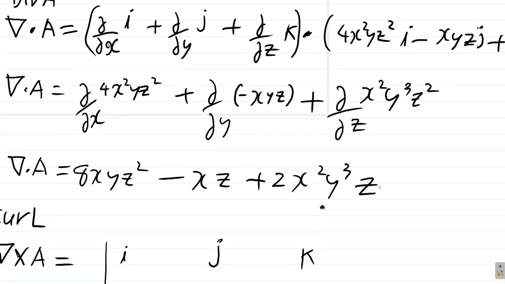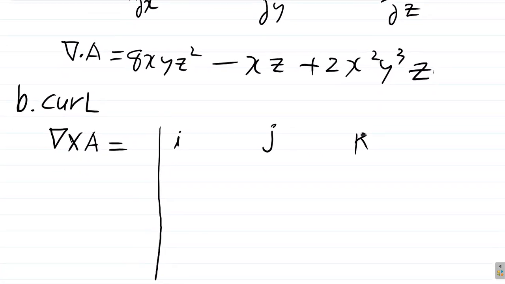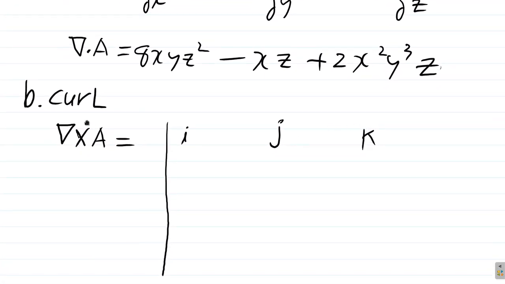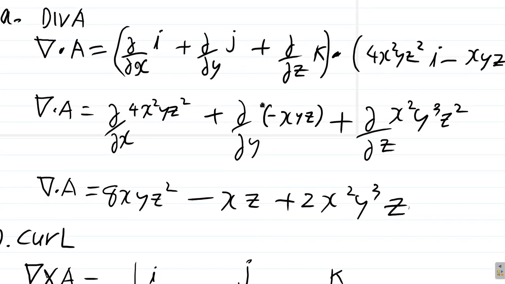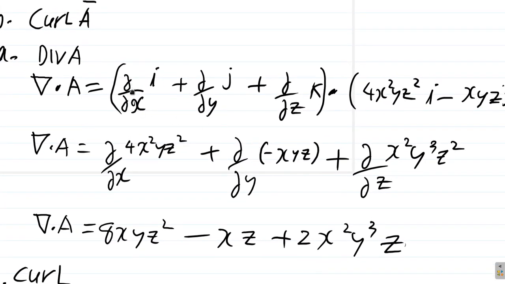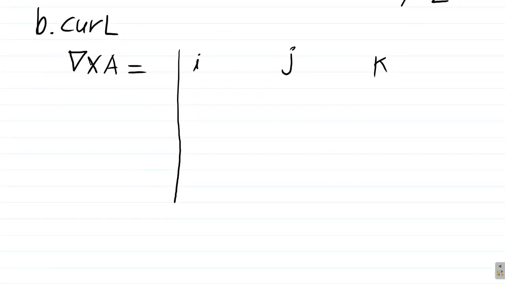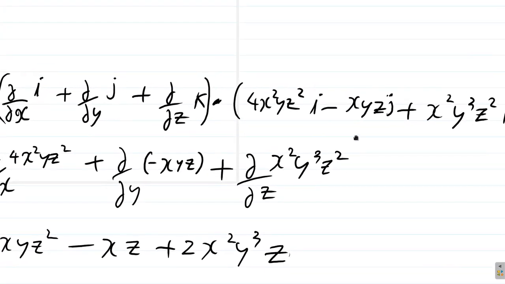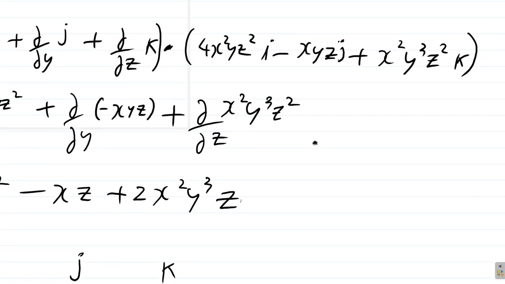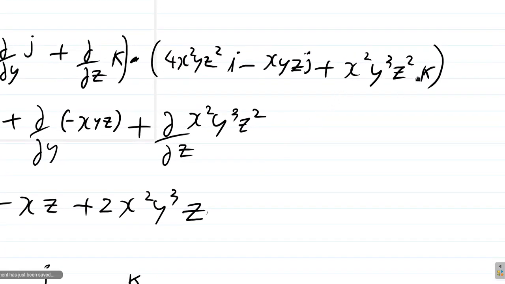Then in row 2, we'll have the coefficients of i, j, and k taken from the one on the left. These coefficients are delta by delta x, delta by delta y, delta by delta z. So let's put those in. Then in row 3, we have the coefficients of the directions i, j, and k taken from the vector on the right.